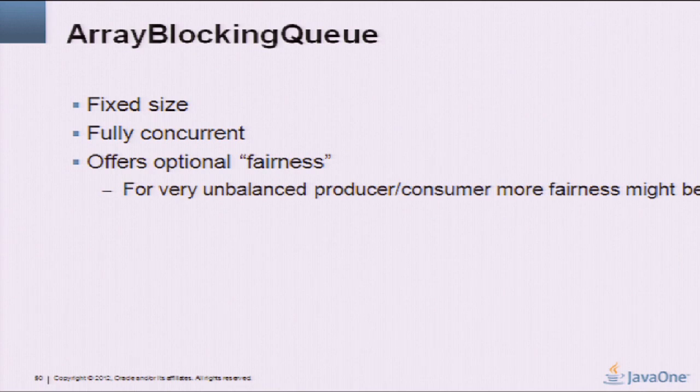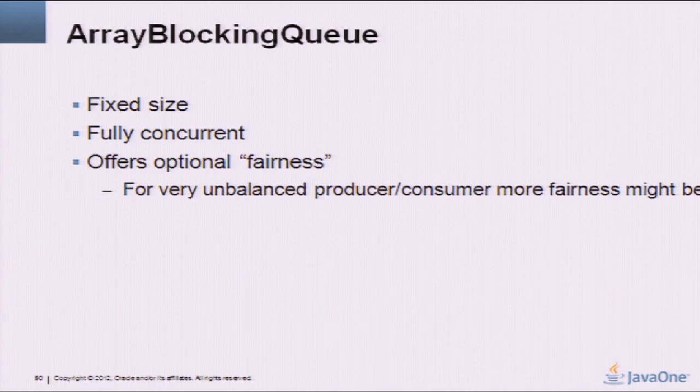With fairness, if you use that option, adding and removing elements is done in a round-robin fashion, so the longer you've been waiting, it's first come, first served for adding and removing, so that you're able to make more progress in situations where it's unbalanced.